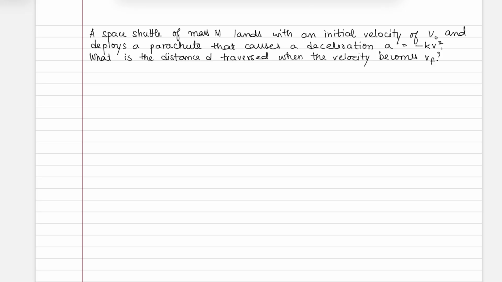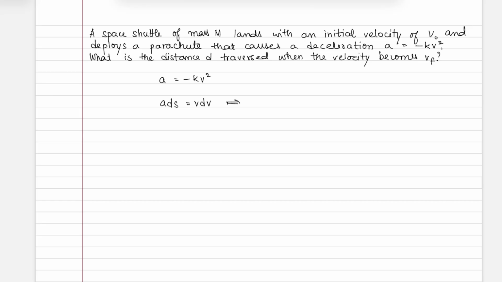Okay, so in this case you have that a is equal to minus k v squared. So it is not a constant and is changing based on the velocity. So this minus k v squared is the acceleration, and we have that a ds is equal to v dv.